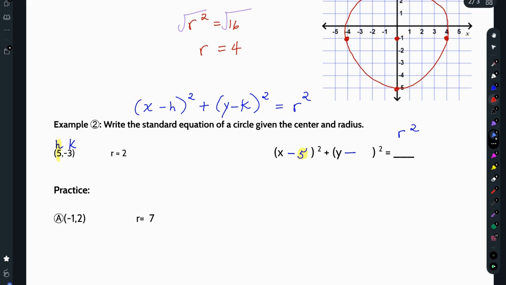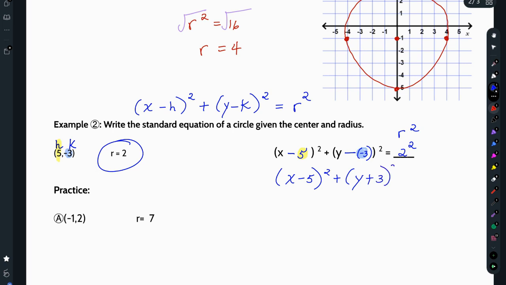We know that k is negative 3. That's going to go here. And lastly, we're given that r is 2, so we're going to put 2 squared here. And we're going to neaten that up and make it look a little nicer. So we have (x minus 5) squared plus (y plus 3) squared, because it's minus a negative 3, equals 4.